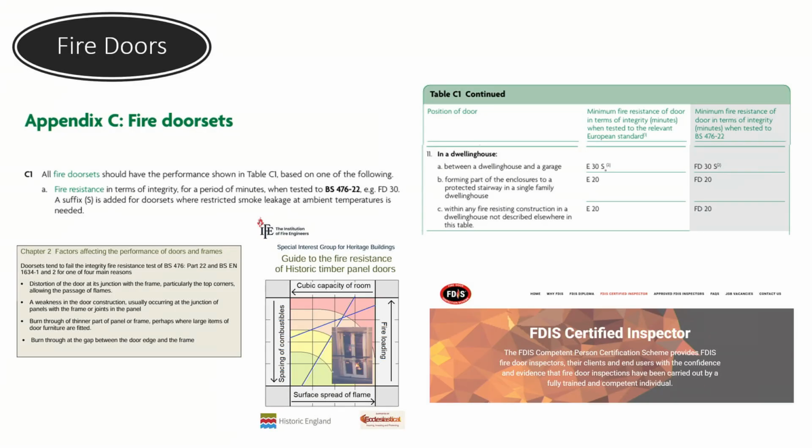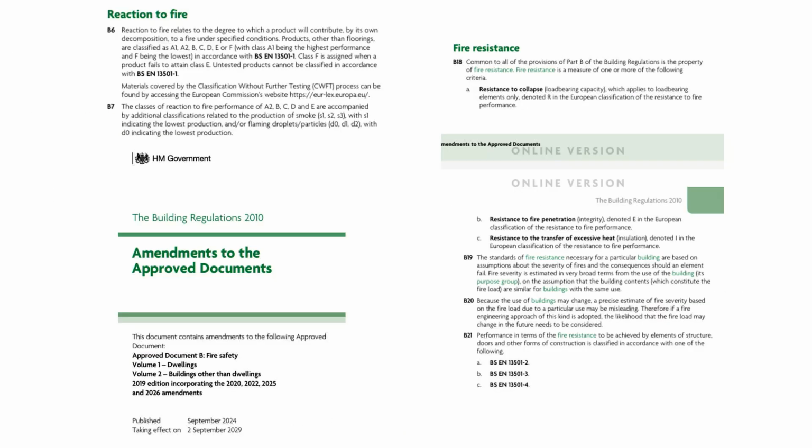It's important to note that ADB Amendment 2029, so not in force yet, has, and the reason why the government have given us so much notice of this amendment for Approved Document B is because it has such a massive impact on the industry as a whole.